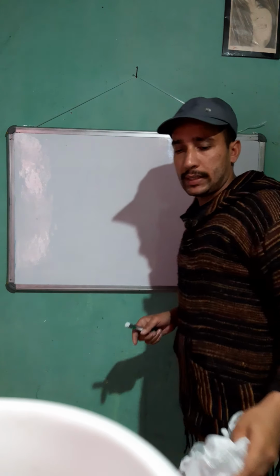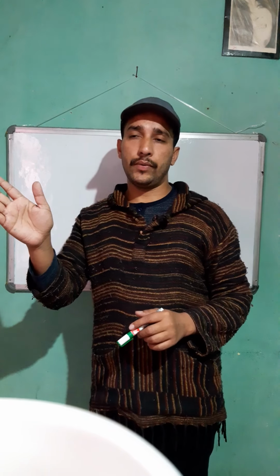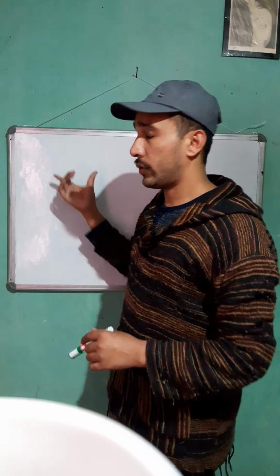So the first question I said, state Newland's law for the classification of elements, and I also explained the answer. Number two, next question was draw Newland's table for classification of elements and fill first 25 elements. That also I explained. And third is, what were the merits in Newland's classification of elements?